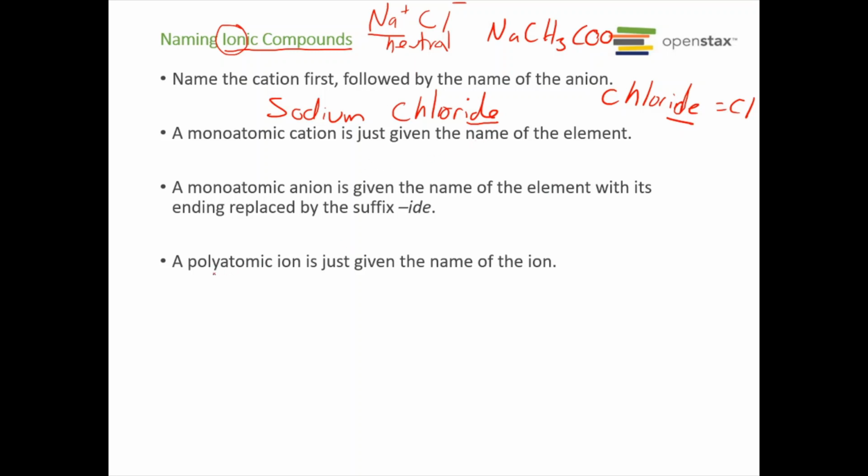Next thing we have to look at too is if we're naming polyatomic ions. So if you have a polyatomic as your cation, you're just going to name it, which there's not many. Specifically for this class, we need to know that NH4+ is ammonium, so you would just say ammonium chloride if it's NH4Cl. Or up here, we have a polyatomic that is an anion, so we would just say sodium acetate.